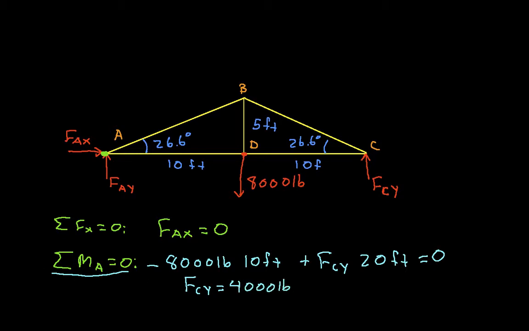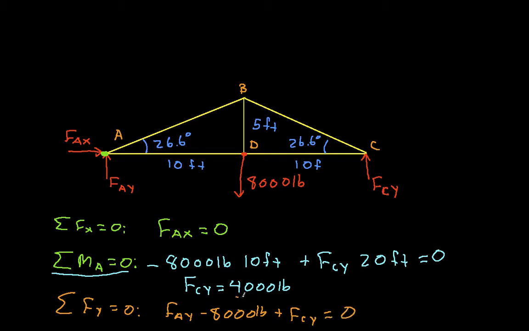Finally, the sum of forces in the y direction is equal to 0. I have FAY minus 8,000 plus FCY is equal to 0.